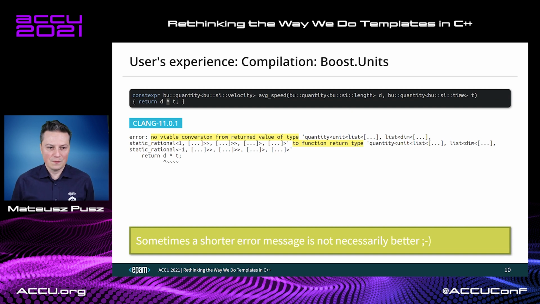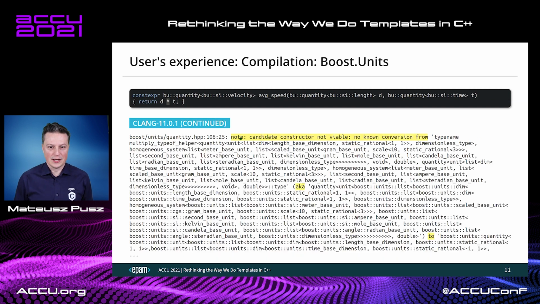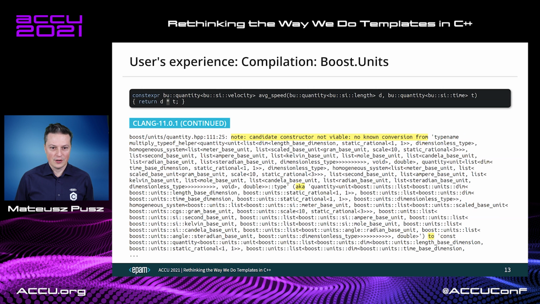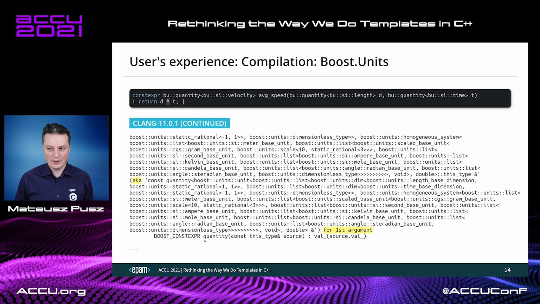And actually, this is not the end of the error log, because Clang tries to be helpful and provides more hints, like candidate constructor not viable, and provides all of the candidates that can be useful here. So you can analyze this log and find out if it suits you, right? And more, and more, and even more.